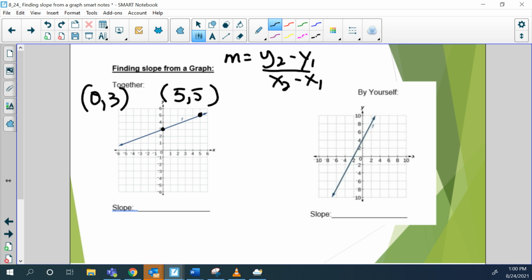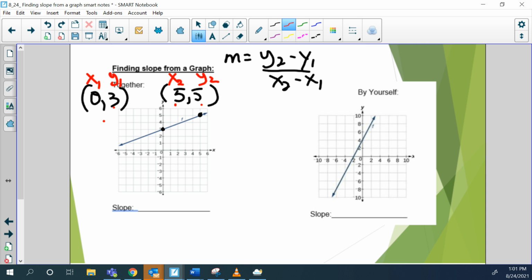Now I'm going to identify which one is my x1, y1, and which one is my x2, y2. So here we go. This is my first point. So I'm going to make this my x1, and the 3 is my y1. Therefore, this is going to be my x2, and this is my y2, because the 5 is this. This one is my x, and that's my y.